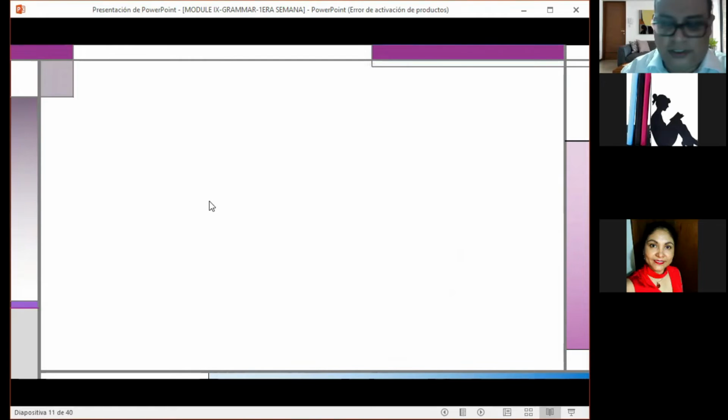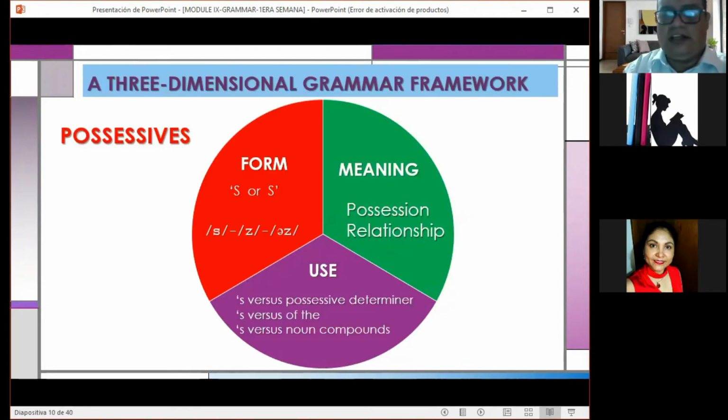Oh, sorry. And the use, so we could say that the apostrophe S versus possessive determiner. When do we use the possessive S and when do we use the possessive determiner? So we need to know when to use it. Or the apostrophe S versus the paraphrastic possession expression or phrase. Or the apostrophe S versus noun compounds.